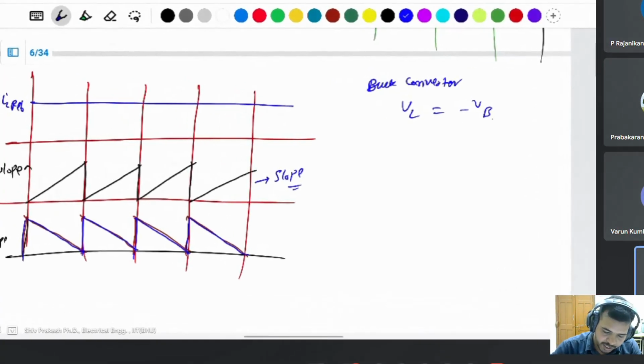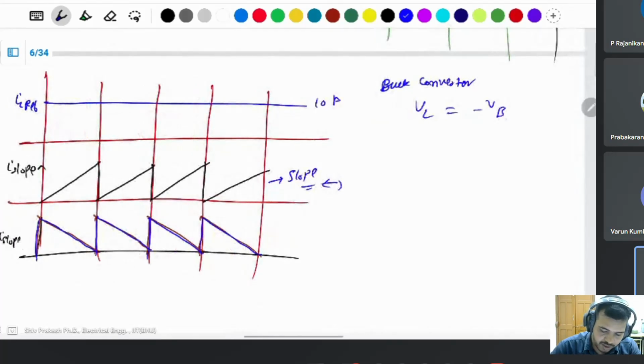Now the difference from 10 ampere gives the slope. This is the slope of the inductor current. If you subtract this one, then you get this triangular waveform. This is the raw reference signal to track your inductor current in your converter.